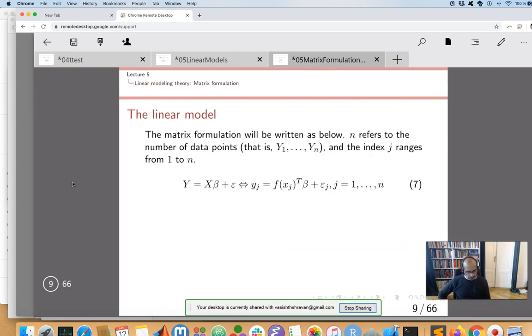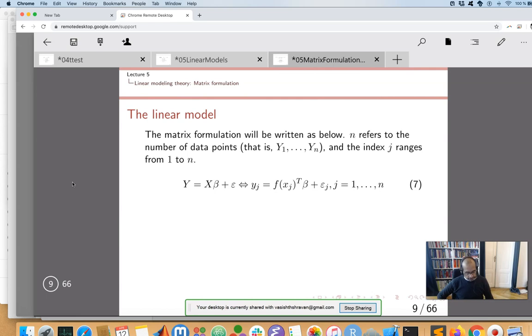Now we can start writing the linear model completely in matrix form, and this makes things much more convenient in terms of developing the theory, as you will see. It's really quite magical. You will see how fast you can develop the theory now.